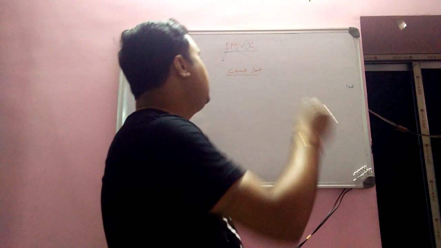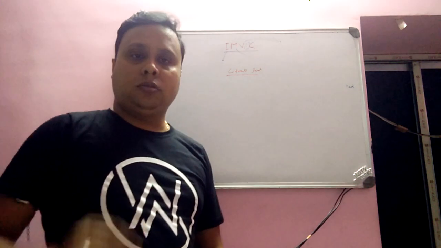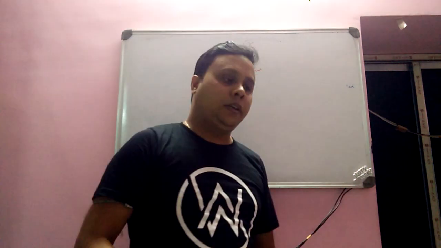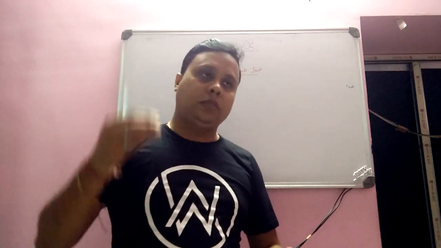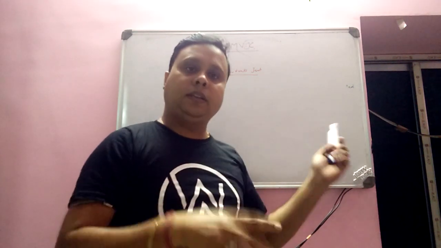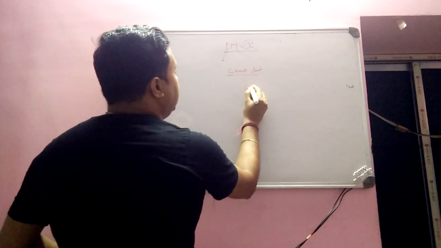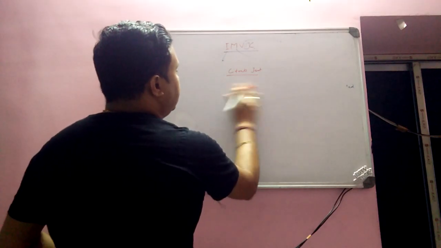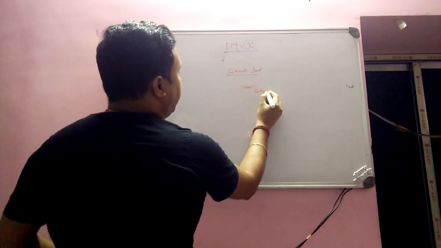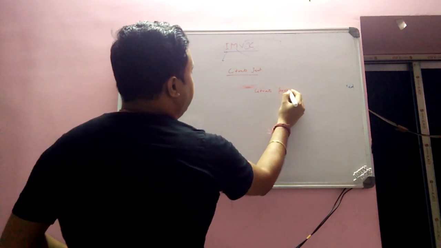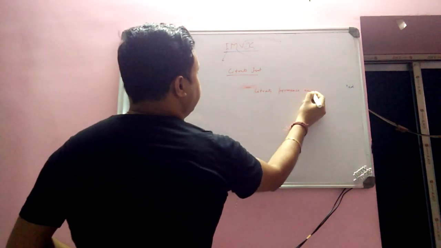So if we use citrate as the only source of carbon, in order to grow, bacteria need to take up the citrate from the media, because you inoculate the bacteria in the media and citrate is present in the media. So in order to grow, bacteria need to take up the nutrient from the media, and that is why bacteria need the citrate permease enzyme.